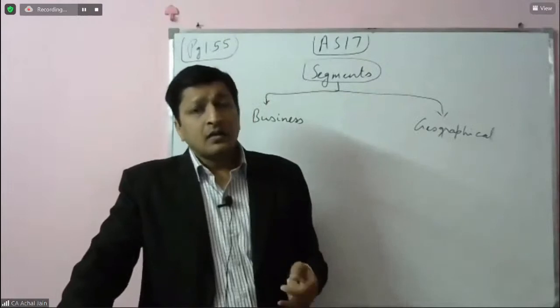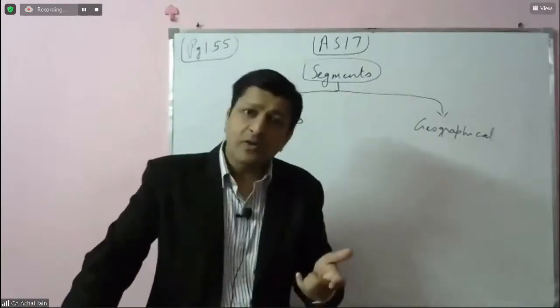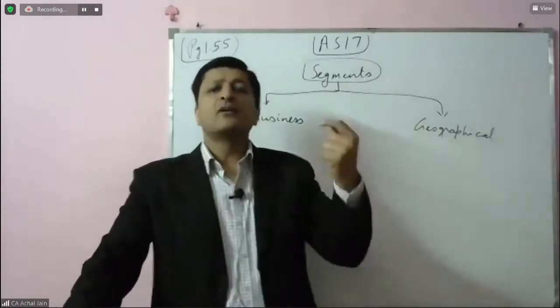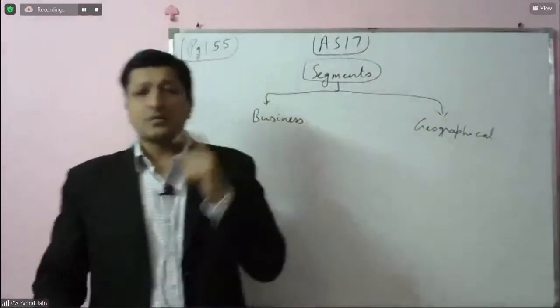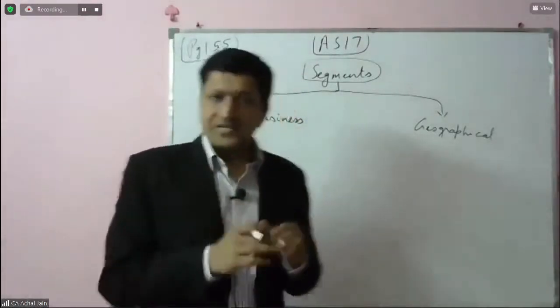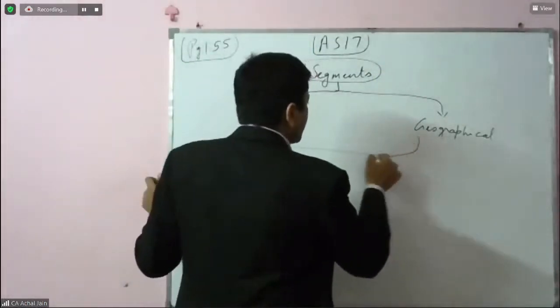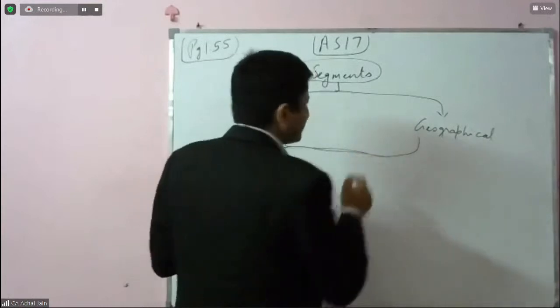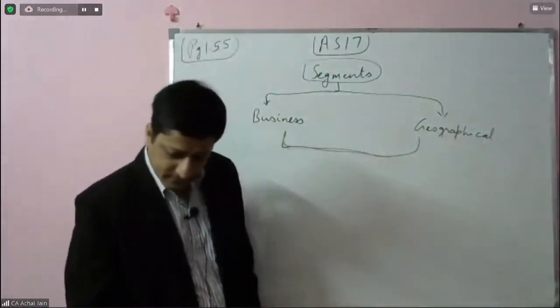But for the purposes of reporting, as we discussed, what is required? Assessment of primary and secondary. Why? Because for primary segment, disclosures are more, for secondary segment, disclosures are less. So after we get to this point, there are two things which are required to be done.